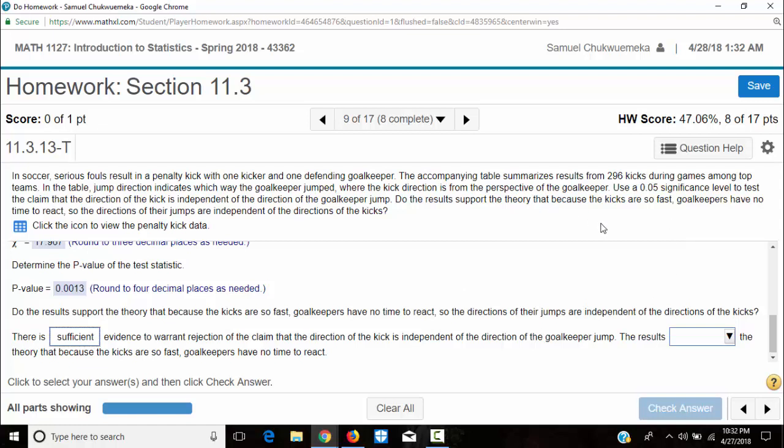The null is that it's independent. Because you rejected the null, the jump direction of the goalkeeper is not independent of the kick direction of the kicker. So it does not support the theory in this case, because if it supported the theory, you could go with that statement, but you are rejecting the claim that they are independent. So it does not support the theory.